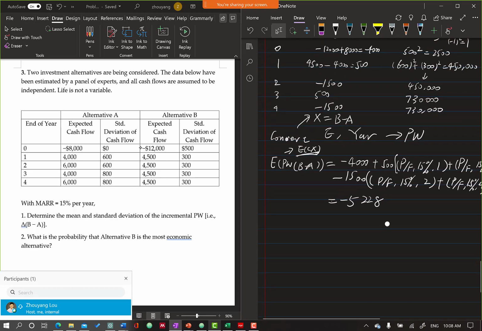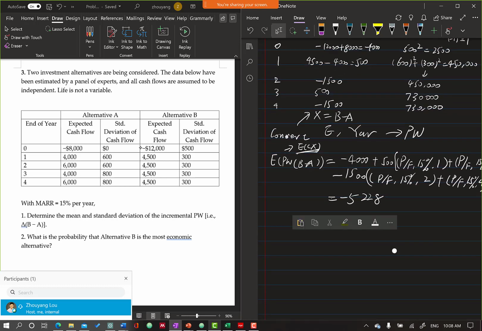Okay, that's quite straightforward. And for the variance, the present worth, b minus a or x, we can still do the same, but remember the c here was taken out, so we should place a square on the c.